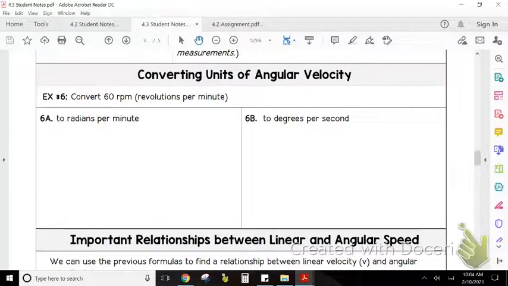So we want to convert 60 revolutions per minute to radians per minute. All right, so I'm going to write that as 60 revolutions per minute. Now I don't need to change the minute, but I do need to change the revolution to radians.